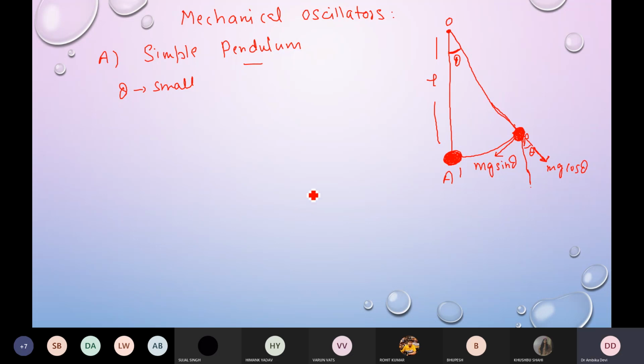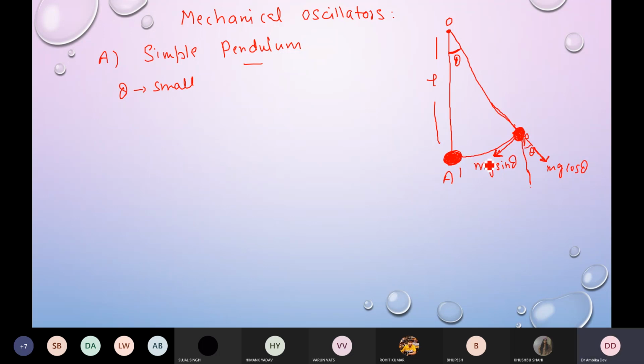Now the only force tending to bring this bob to its initial position is the tangential component, which is mg sin theta. This component is trying to bring this bob back to the equilibrium position, so it is directed towards the equilibrium position.